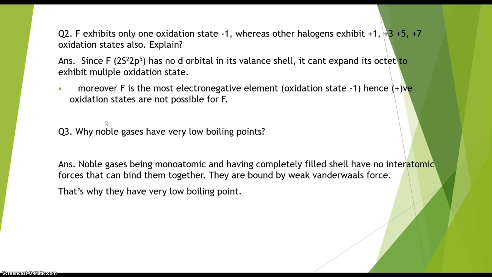But as far as the noble gas atoms are concerned, they are monoatomic in nature, and they have a completely filled shell in their valence shell. And since they have a completely filled shell, they have no tendency to bind with one another. Moreover, we can say that they have no interatomic forces that can bind them together.